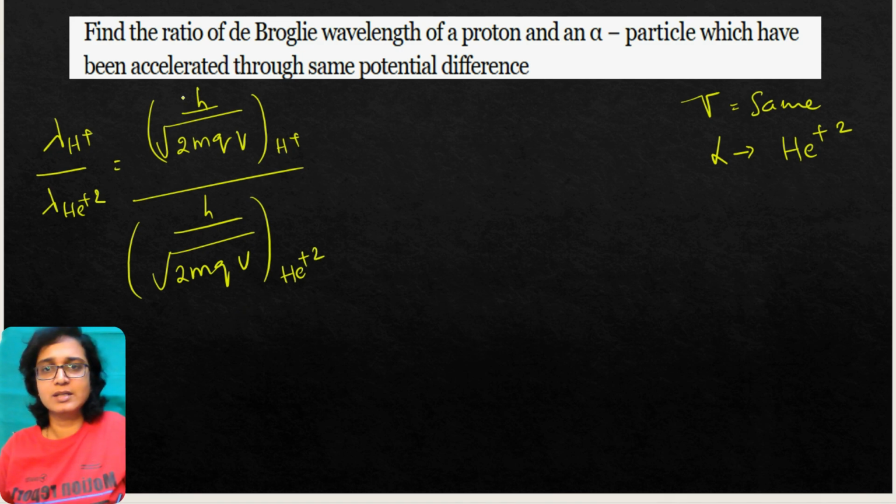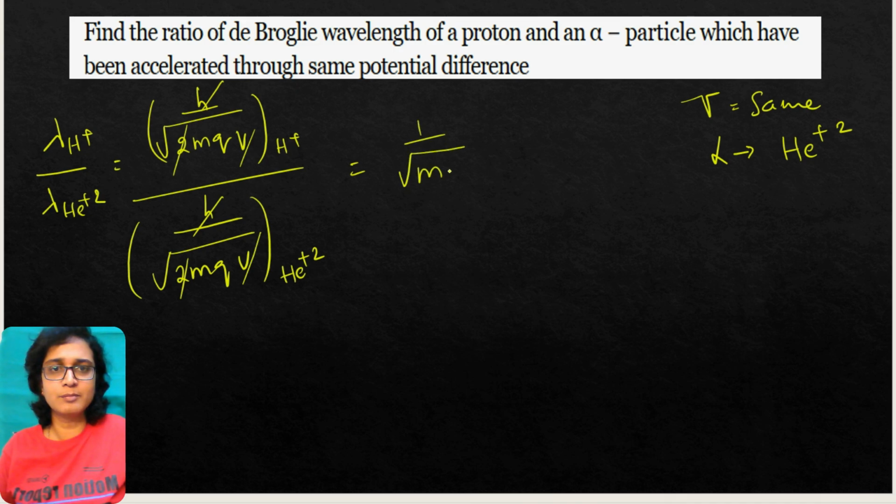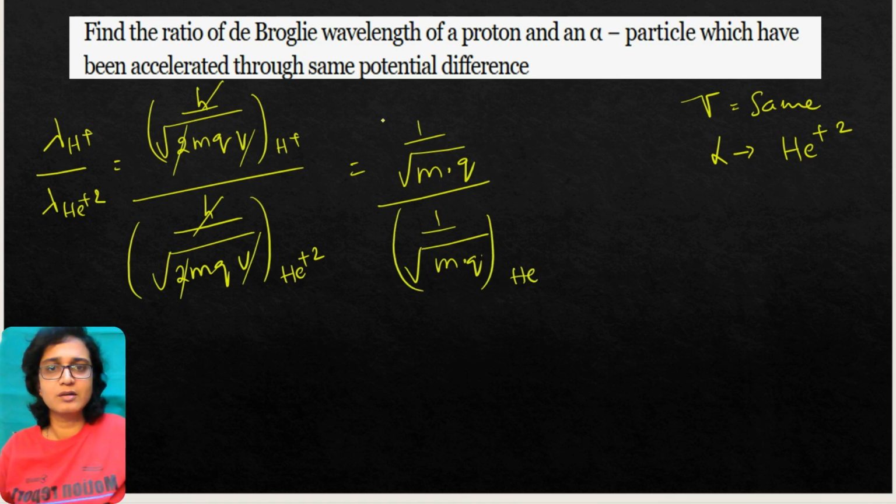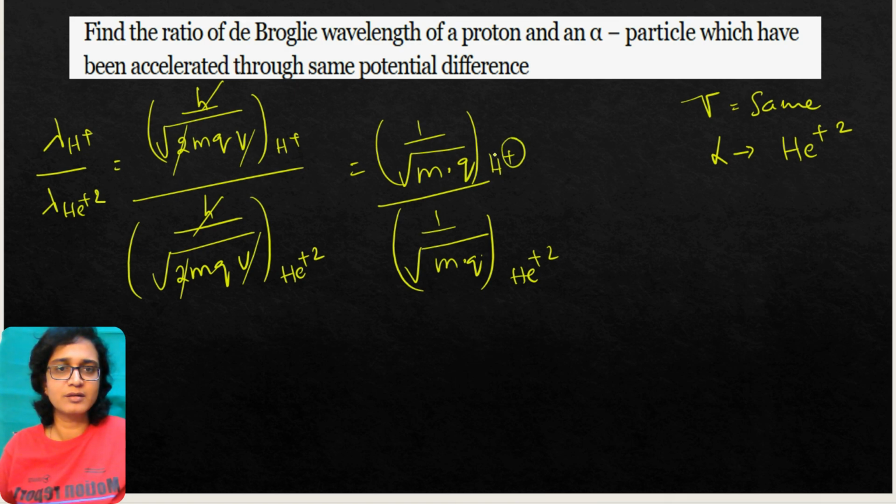Next, h, 2 and the potential difference are the same, so the remaining terms are 1 by square root of m into q for the proton, divided by 1 by square root of m into q for helium 2 plus. Proton mass is 1, proton charge is plus 1.